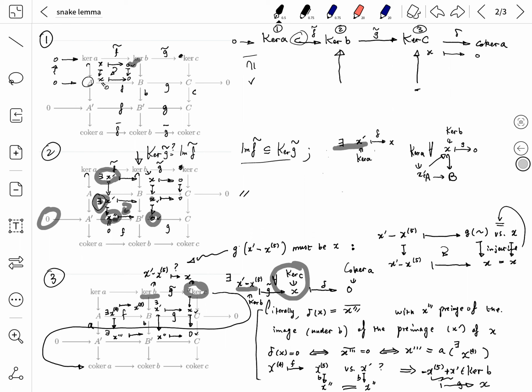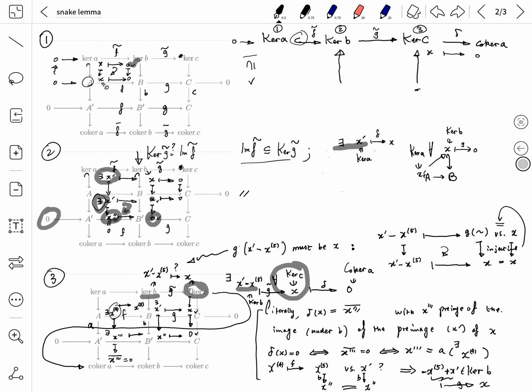Delta x is the image of x triple bar. The image of x triple is x triple bar. So that is 0. This implies that x triple is actually already in the image of A, which means there exists an element that is mapped to x triple.